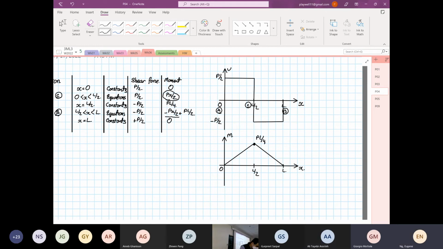So what you see over here, right? Let's look at the facts regarding positive moment and negative moment. When is the moment positive, and what does a negative bending moment mean? It all depends on the deformation pattern.